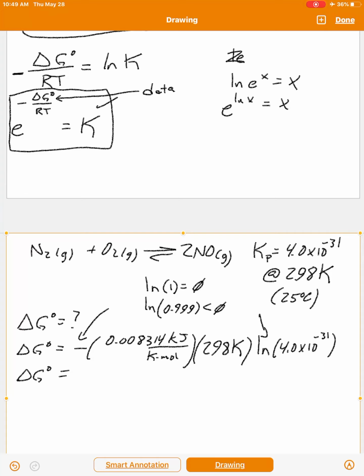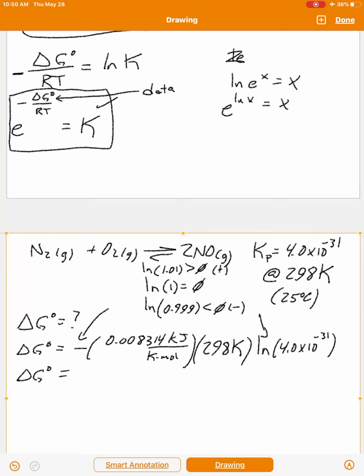If the number is greater than 1, the log is going to be greater than 0, positive. So that number, 4.0 times 10 to the minus 31, is certainly less than 1. I'm not claiming it's a negative number, right? I'm not saying you're taking the log of a negative number. Logs are undefined for negative values of x. But if the number is less than 1, even 0.999, the log of that will be negative.